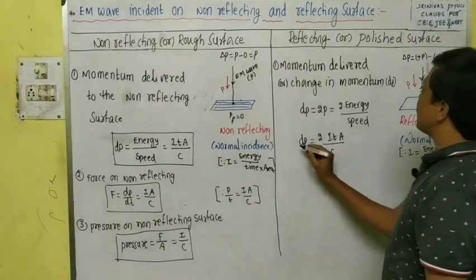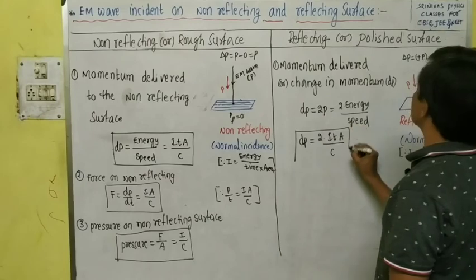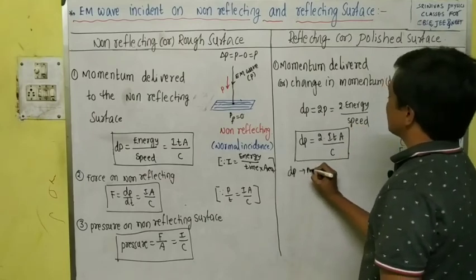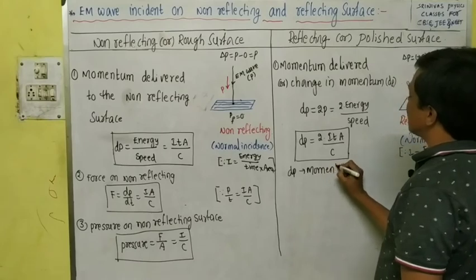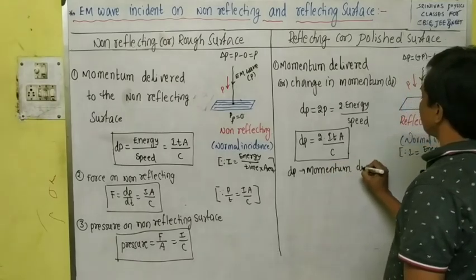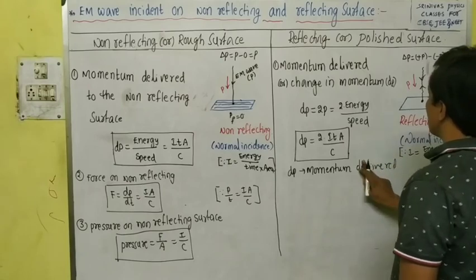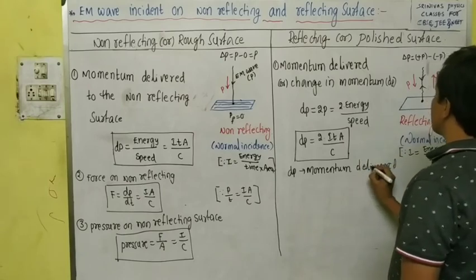Then finally, dp is 2ITA by C. This is the formula for the momentum delivered, or the momentum transferred.